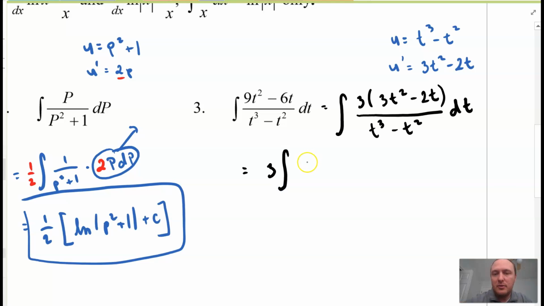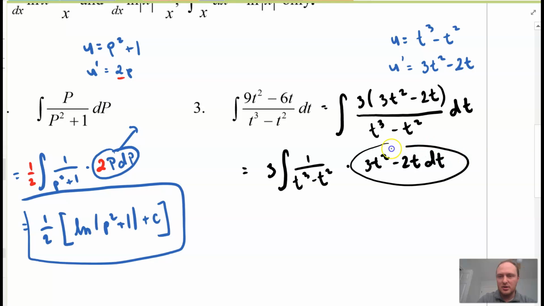I'm going to write my function 1 over t cubed minus t squared times, and I'll write my hook over here, 3t squared minus 2t dt. All right, there is the hook. And what happens to it? It goes away. We say, bye, Felicia.